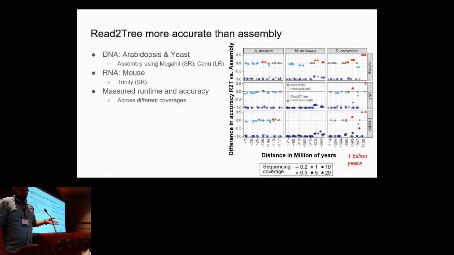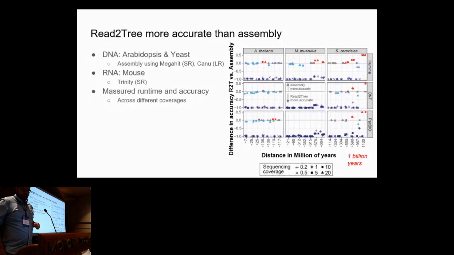What we can see across the species and technologies is that especially with low coverage data sets, Read2Tree definitely performs significantly better, because the assembly is hindered to complete. Only in the case of yeast with higher coverage and really high divergence rates, so again up to 1 billion years of difference in the reference, we see a performance improvement of the assembly compared to the Read2Tree approach.